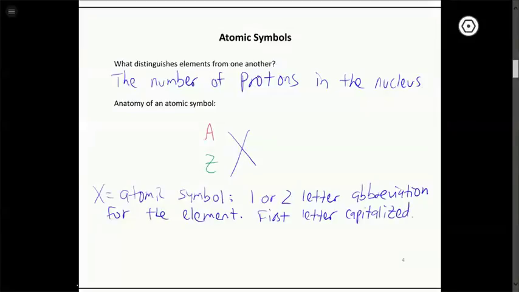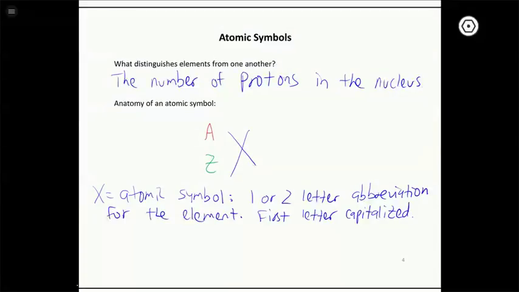So that's the atomic symbol, and each element, all 118 of them now, has a symbol associated with it. I think they've gone to 3-letter symbols now for some of the new ones, the ones that I said only persist for picoseconds or whatever at a time. But most of the common elements, or the ones that are naturally occurring anyway, have 1 or 2 letter symbols.